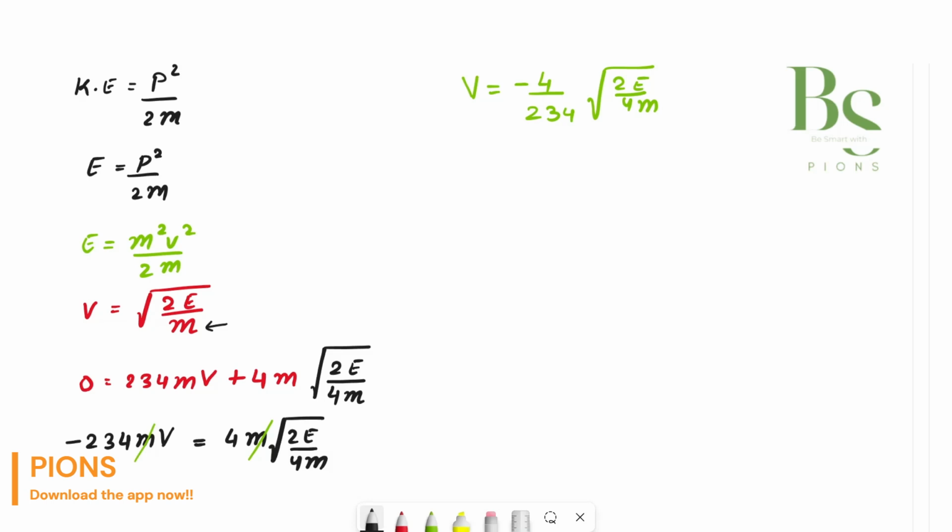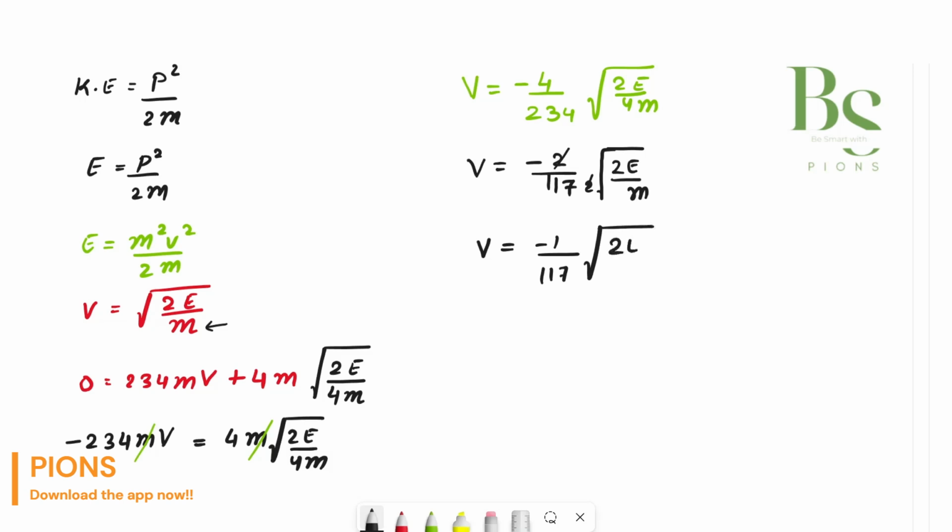So V equals minus, dividing by 2, 2 upon 117 and root under 2E upon 4m. Let's take this denominator 4 outside. When you take the denominator 4 outside, this will simply give you 2 here. So let's cancel this 2 with this 2, and our V will be equal to minus 1 upon 117 root under 2E by m.